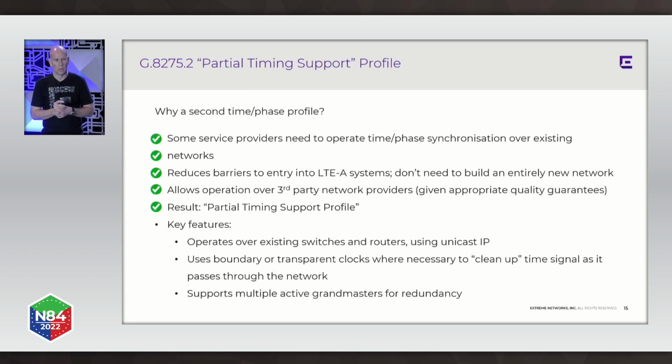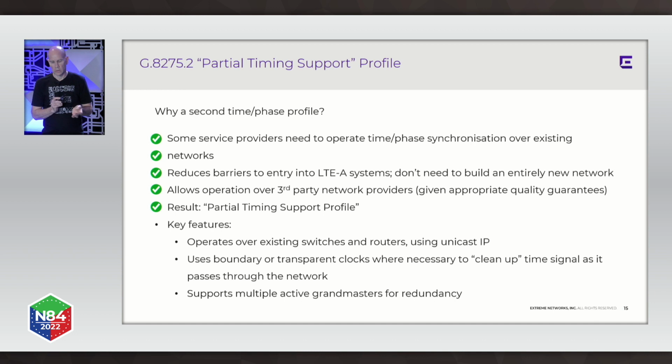The second one, which was touched on as well, is the partial timing support. The intent of this profile is to be able to support current networks. Not everybody has the luxury of greenfield installs, so you need to support the current infrastructure you have in place to provide frequency, time and phase synchronization over those networks.